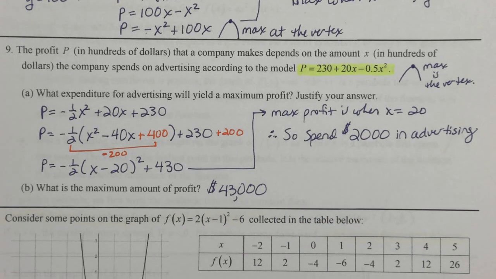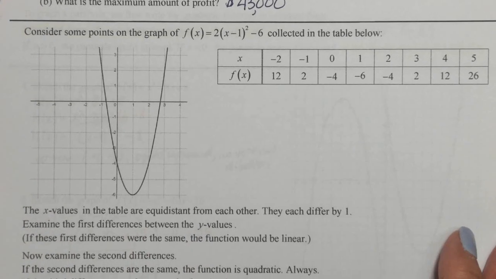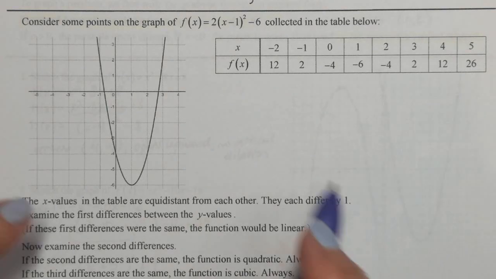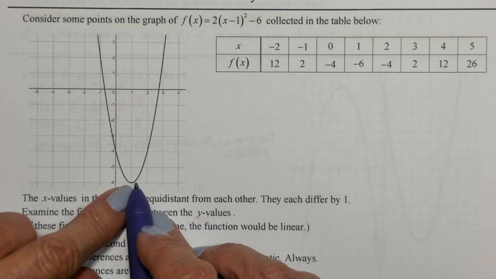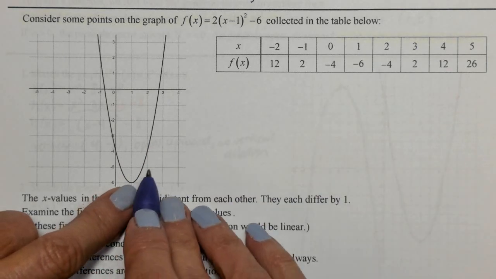Okay? All right, one more thing to look at before we finish these notes. Let's consider some points on this graph, okay? When the vertex is at 1, -6, okay?